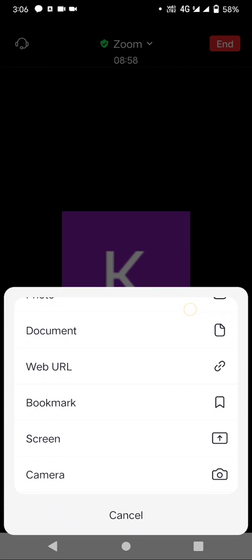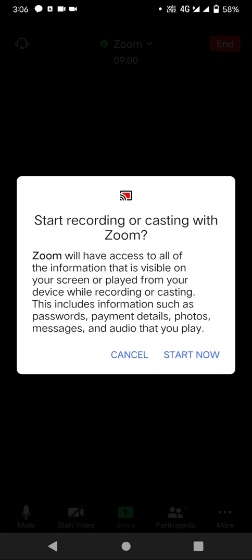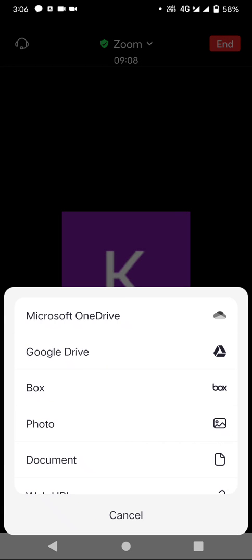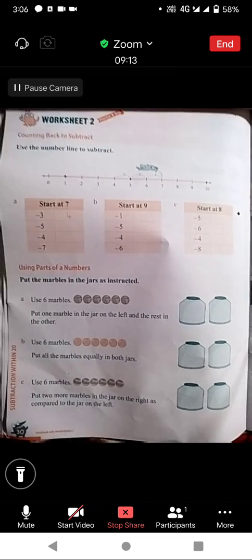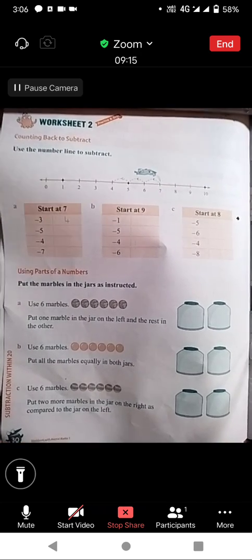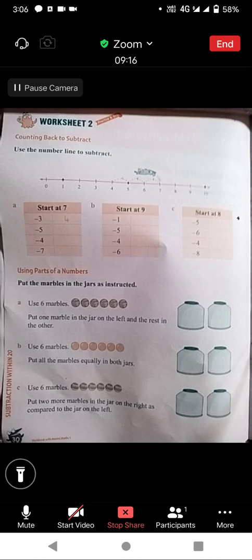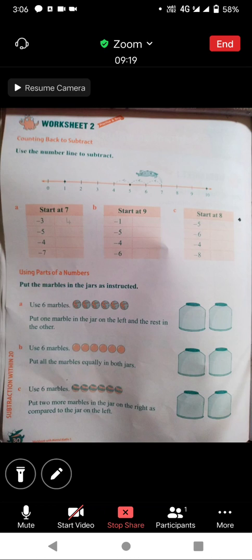Students, now come to page number 30, worksheet 2. Okay, so this is our worksheet 2.